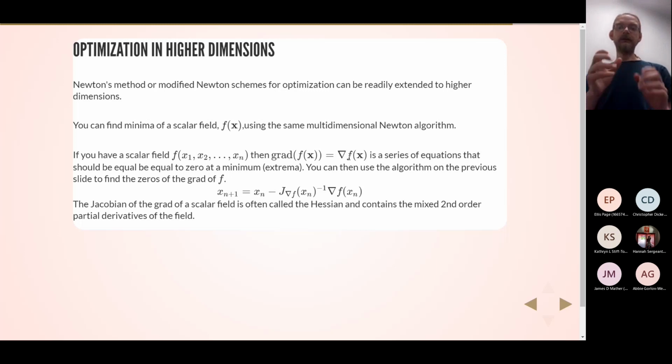So the grad of the function is the derivative of the function with respect to each of the coordinates. So it's the partial derivative with respect to x0, and then the next component is the partial derivative with respect to x1, x2, and so on.